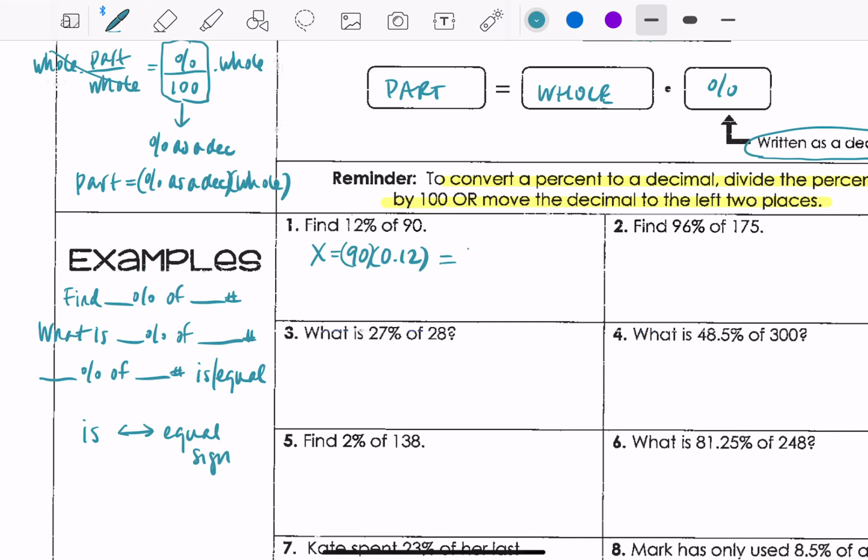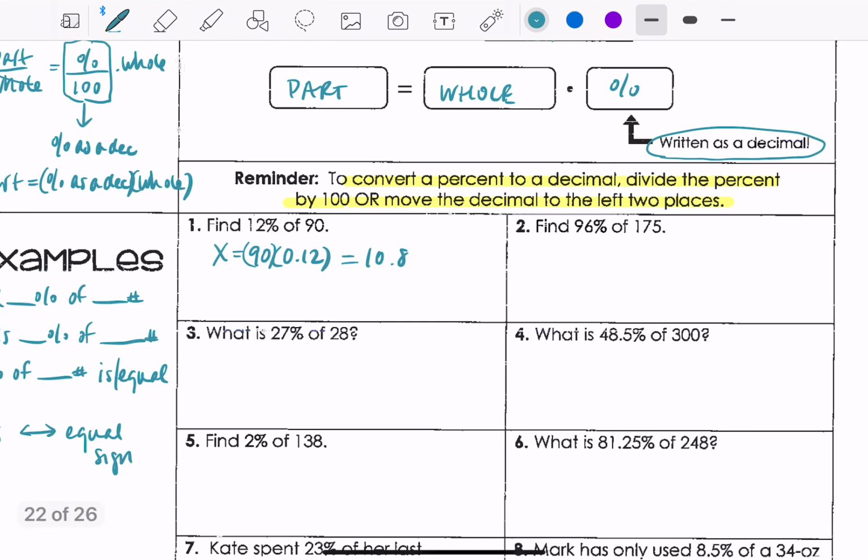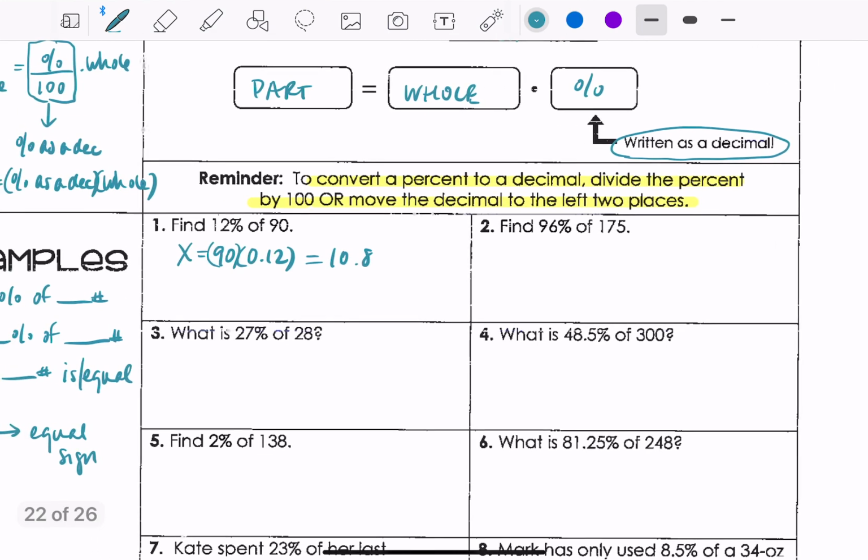So I end up with 10.8 as my answer for this one. Number 2, find 96% of 175. So I'm finding the percent, 0.96, that's 96% written as a decimal, times 175, and that equals 168.